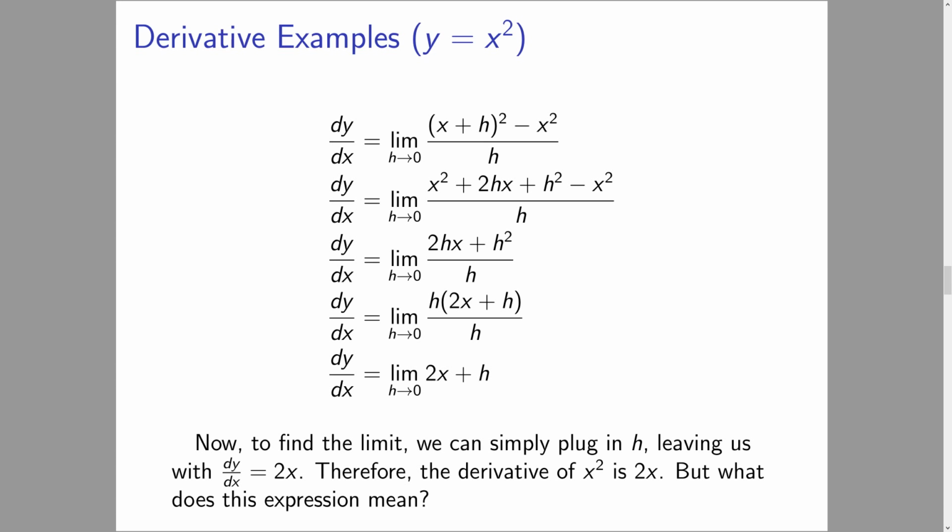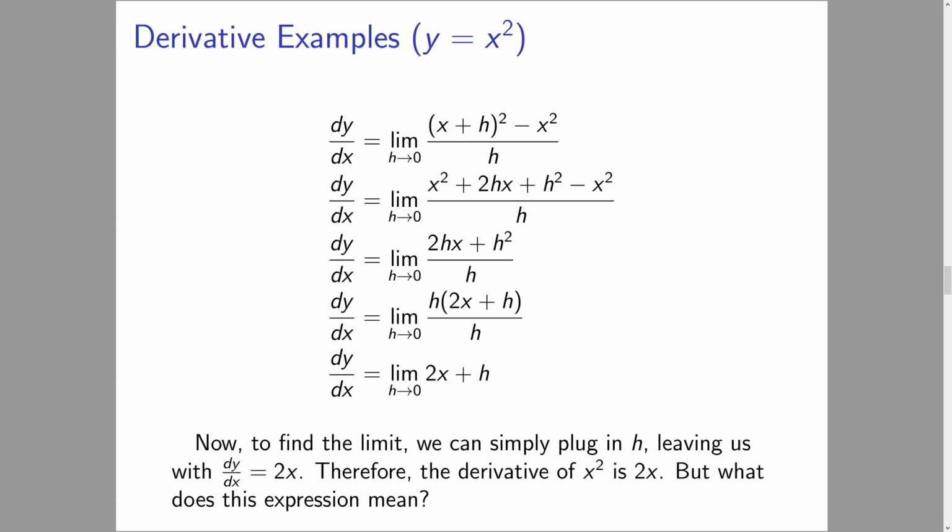Therefore, we manipulate the expression in such a way that we arrive at a point where we may cancel out an h. In this case, we expand our square product of (x plus h) squared minus x squared, so that our numerator shows to be x squared plus 2hx plus h squared minus x squared, all over h.